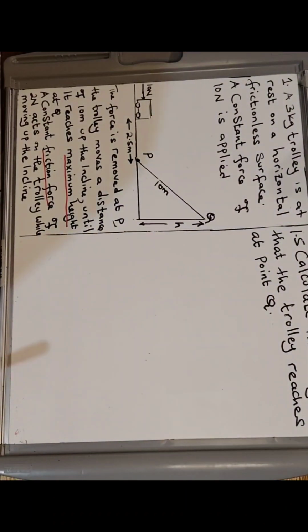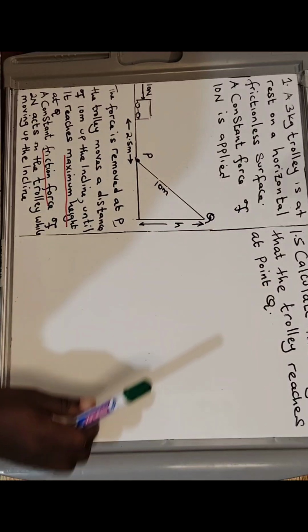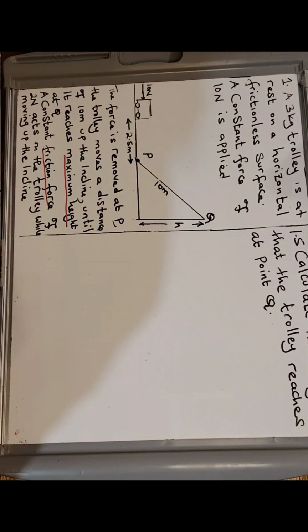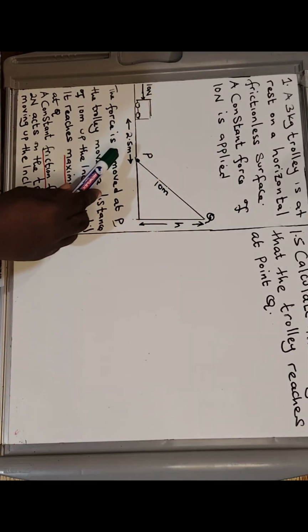Then comes our last question of this setup. The question says, calculate the height h that the trolley reaches at point Q. So this is what we are having here.